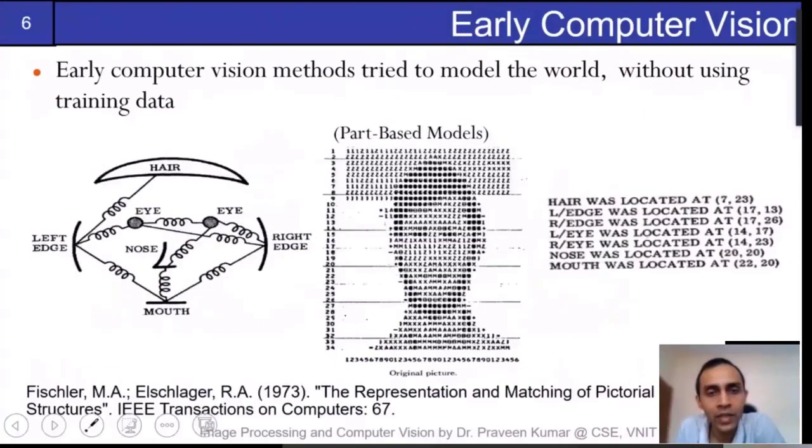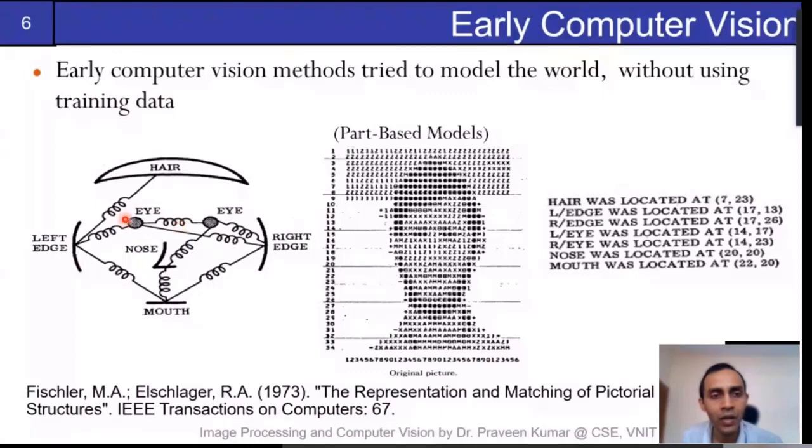This is another example, an early paper on face detection in an image. Here, the researchers came up with a model of a face. It should have components like eyes and nose, and edges on the left and right for the ears.